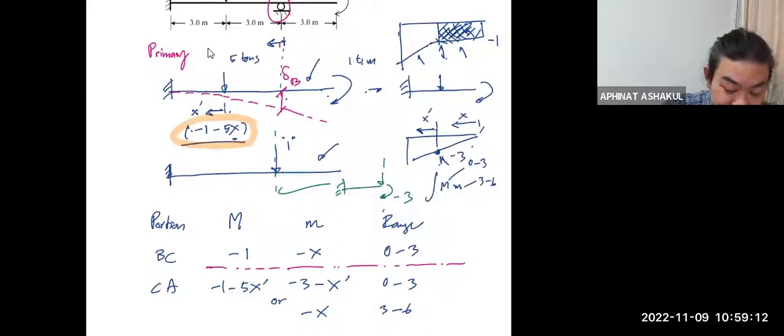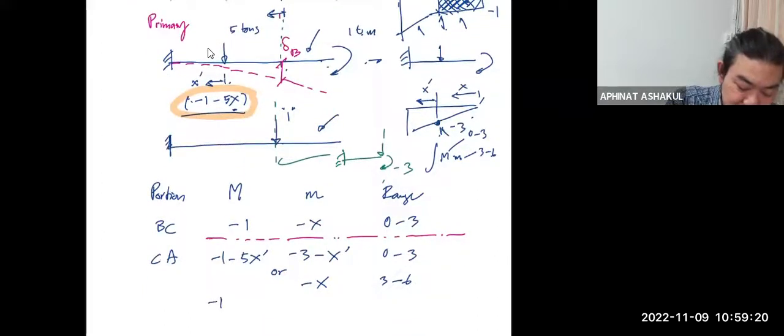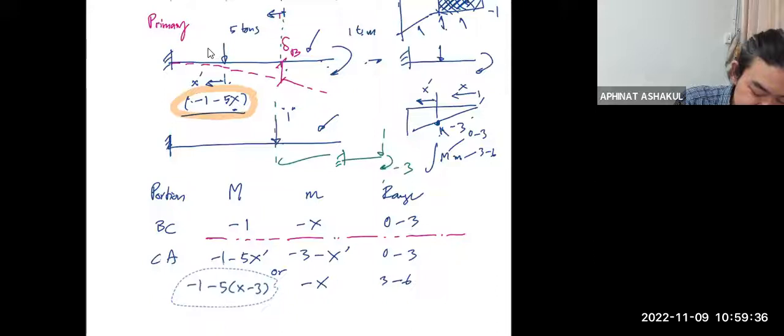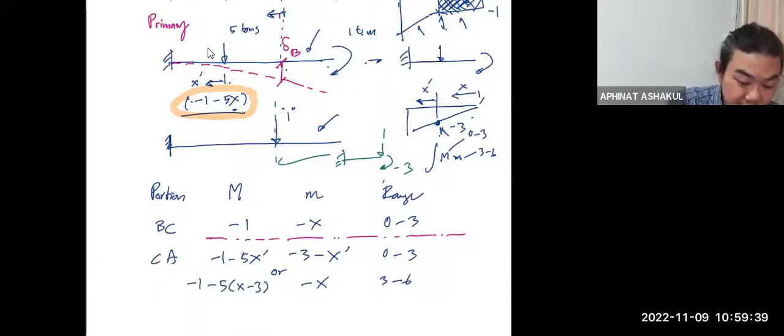If I want to keep my x at B, this equation will become minus x minus 5 times x minus 3. Because you see, if I plug in x equal to 3 here, the second term becomes 0, and I still have minus 1 moment, which is exactly what it is.